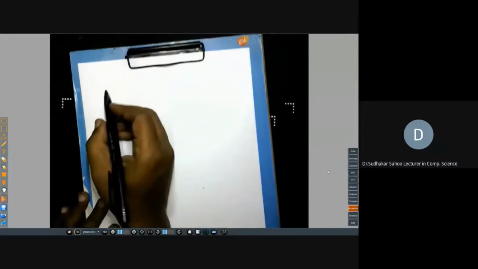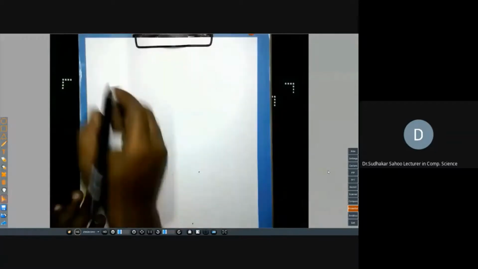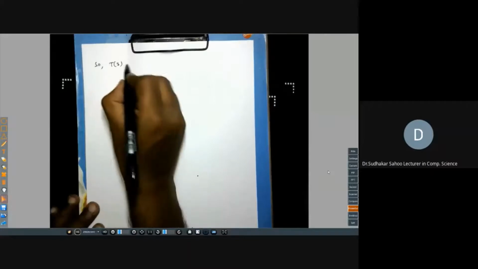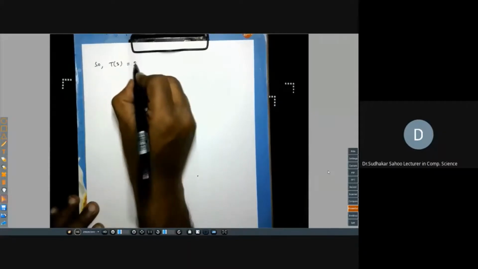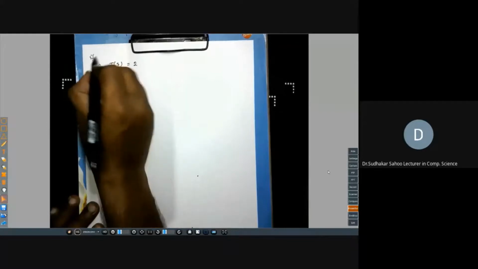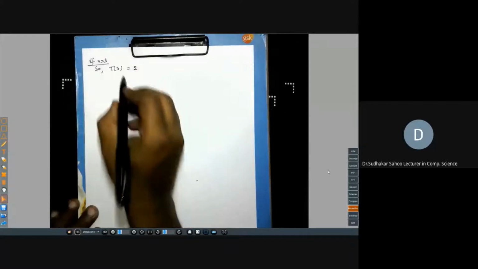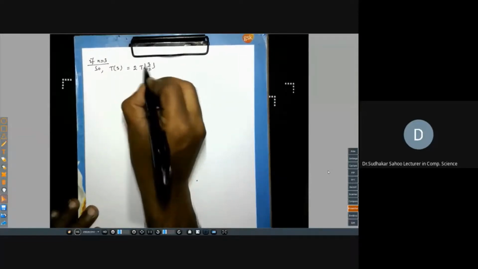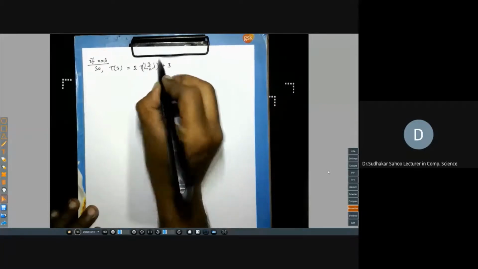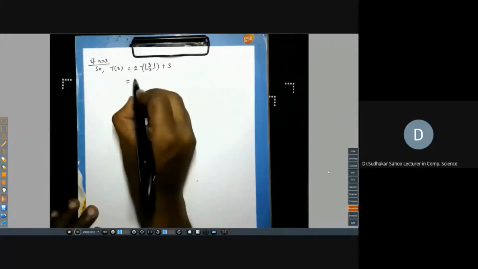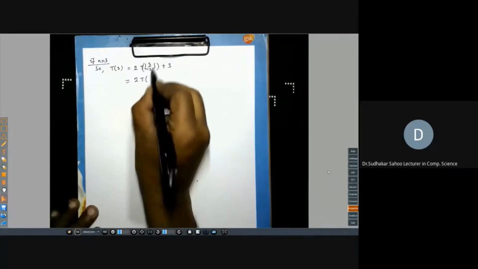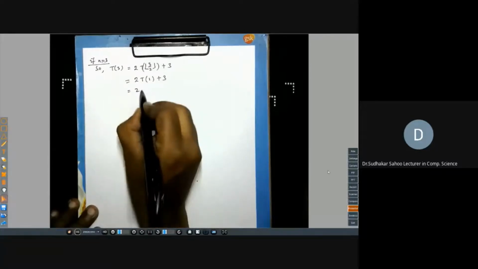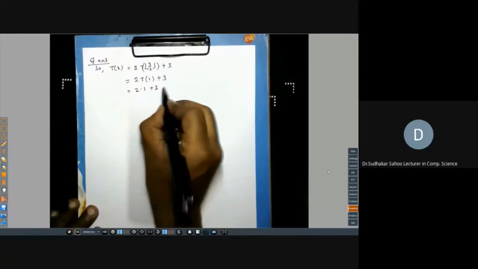So let us try for n equal to 3. T of 3 is equal to, as per your recurrence equation when n equal to 3, 2T of 3 by 2 floor plus n, where n is 3. So this is twice T of 3 by 2 floor, 1.5 floor is 1, plus 3. This is equal to 2 times T of 1, which is 1, plus 3, which is equal to 5.